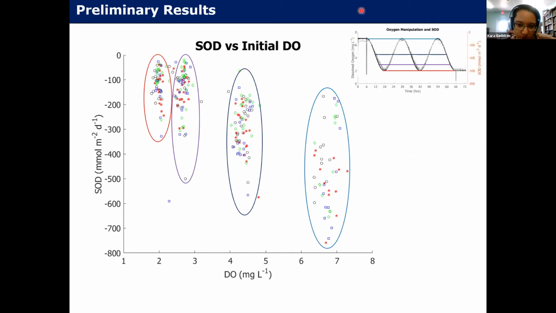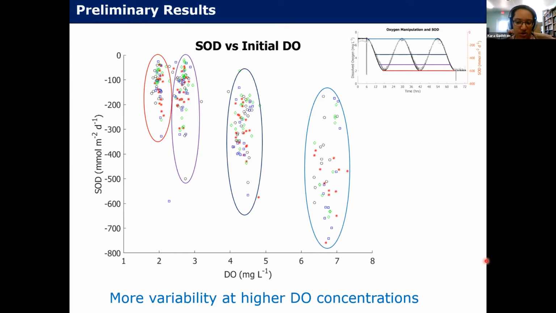I have a mini version of that plot from the previous slide up here, where the dissolved oxygen concentrations that I took these measurements at are highlighted and correspond to each of these clumps of data points. So that part makes sense. But clearly there's also a lot of variability in the SOD at each level, and there is more variability at the higher DO concentrations, which could complicate comparing between the different dissolved oxygen levels.